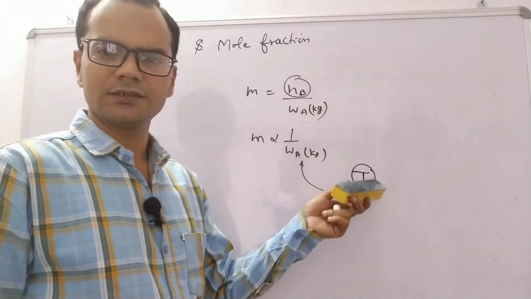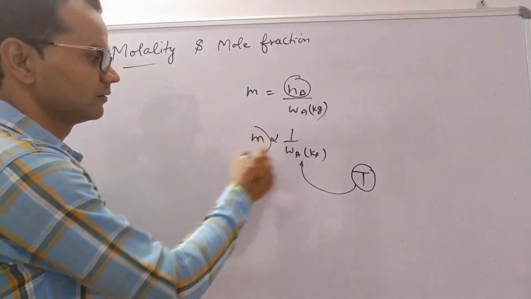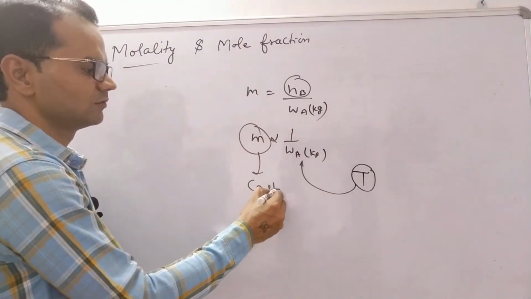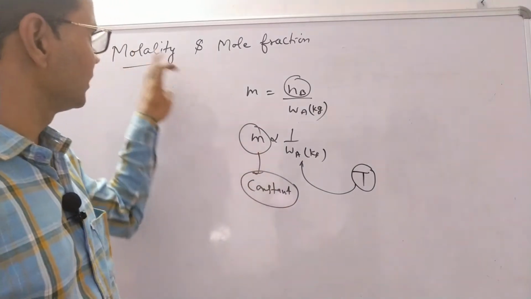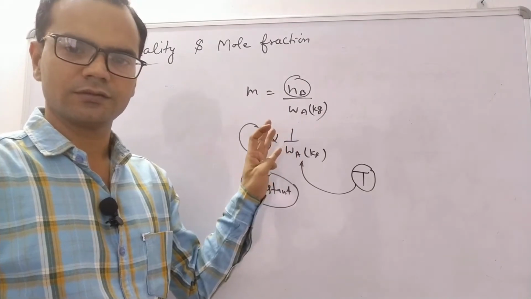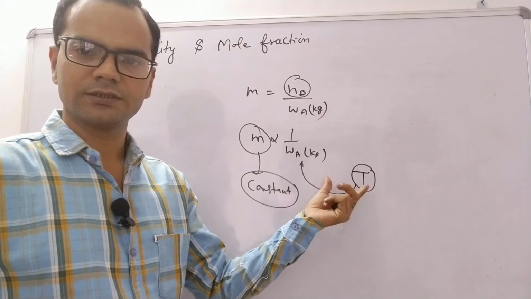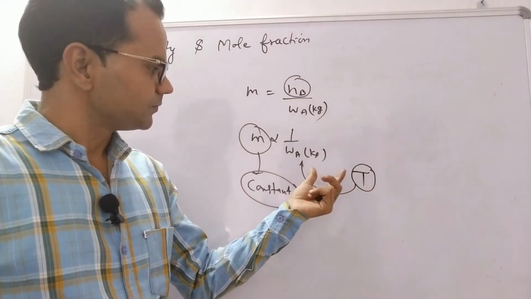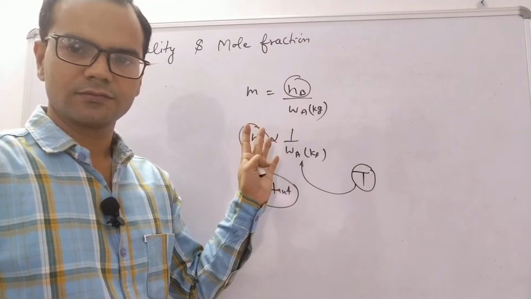If temperature increases or decreases, there will be no change in weight of solvent, so molality will be constant. Sometimes the question is asked why molality is a preferable unit to find the concentration of solution. The answer is because it is independent of temperature. No change in molality if there is a change in temperature. Clear?